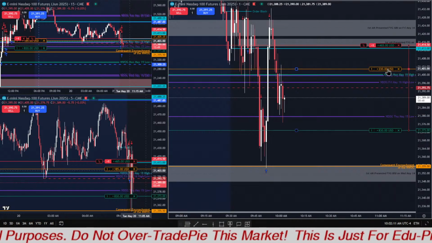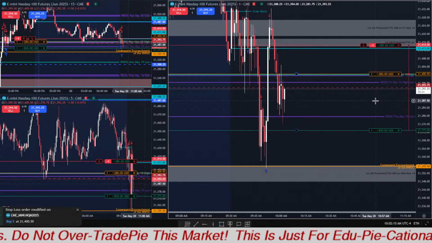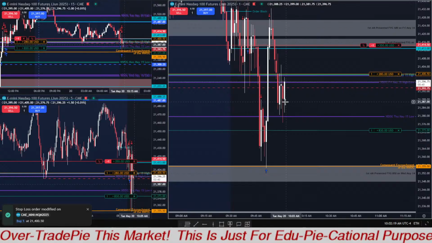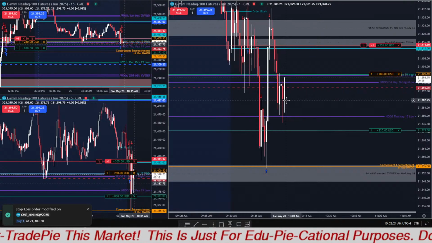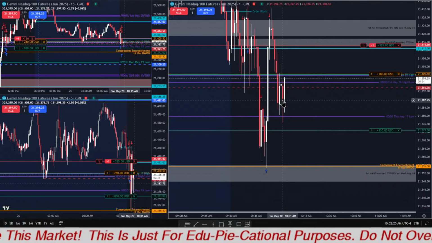I would trail down my stop loss above the new week opening gap, because now we closed a little suspicious over here, and I don't like this fact in this candle.